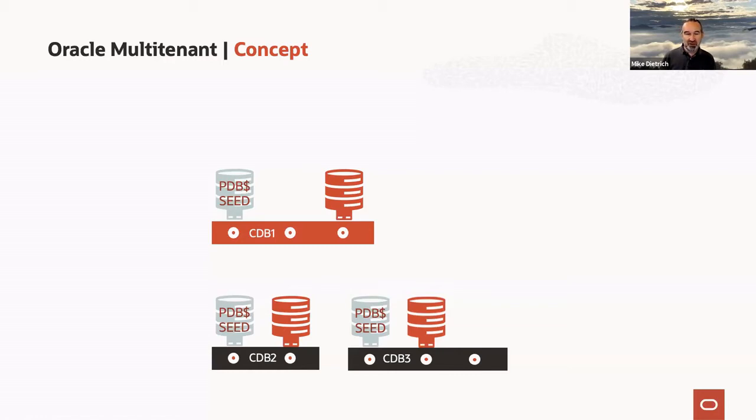So the PDB carries the necessary scripts with it internally in order to do switches if you go to a lower patch level, especially. Let's say we go from 19.8 to 19.7, then we would carry this with us. I can also clone here remotely. I can unplug, archive, whatever. So the idea is data is isolated in the PDBs, and we can have a lot of flexibility with them.